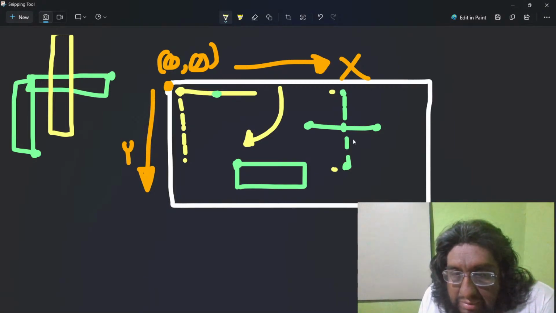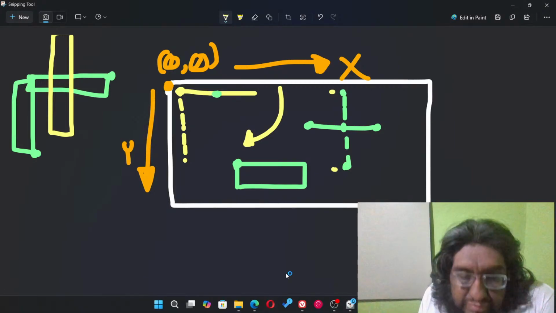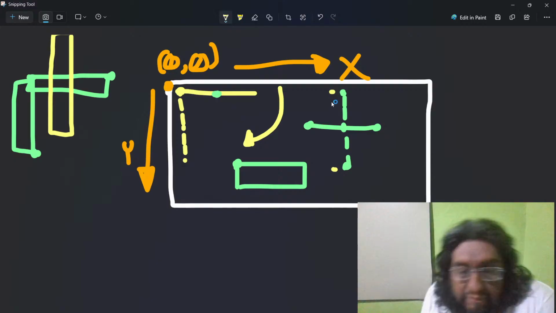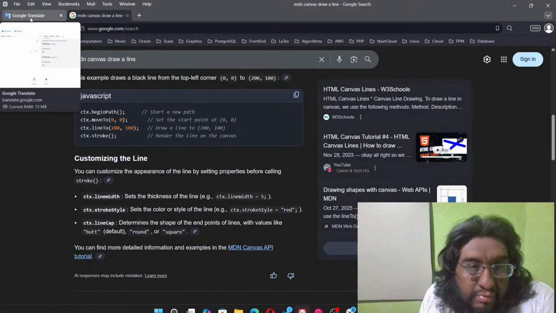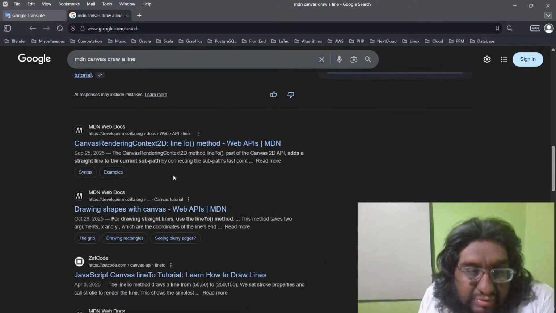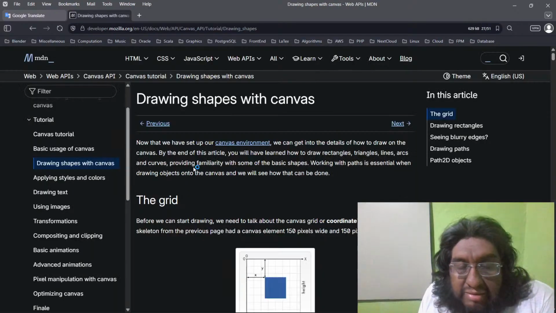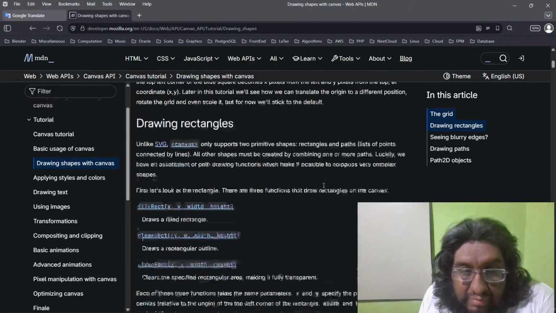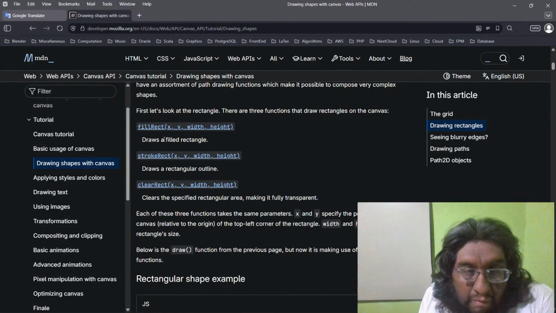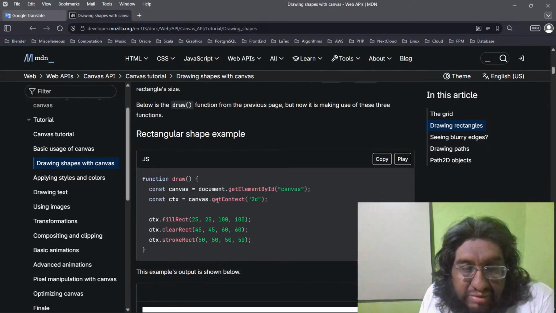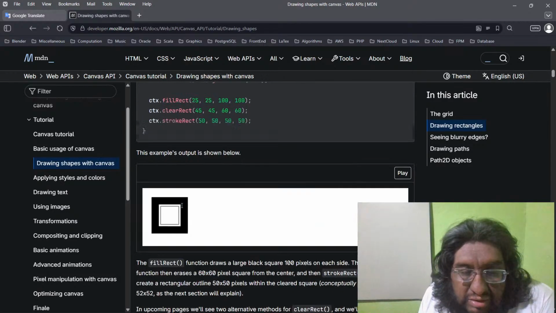We are going with the line. If we fail, then we're going with the rectangle. So we are going right here to MDN instead of the AI information. We know this.